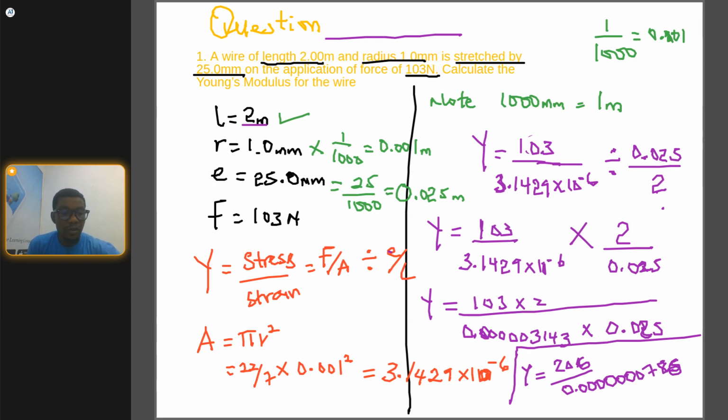206 divided by 0.00000. That's how many zeros? 1, 2, 3, 4, 5, 6, 7.